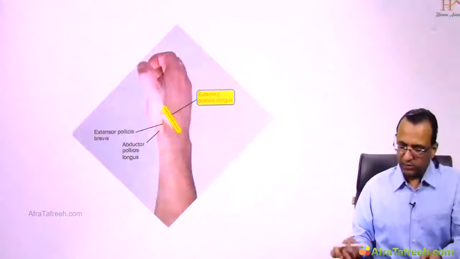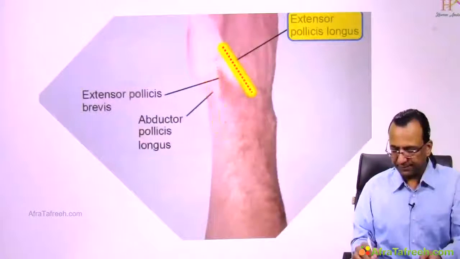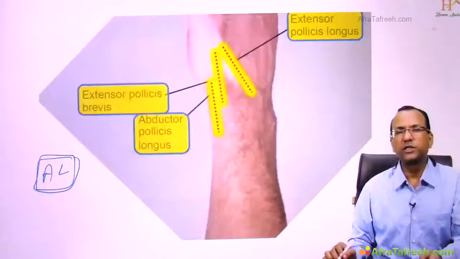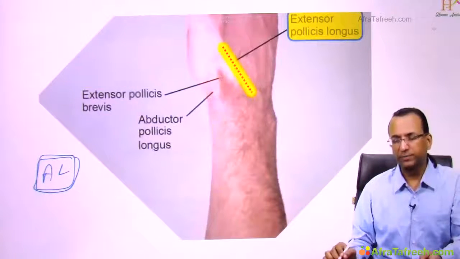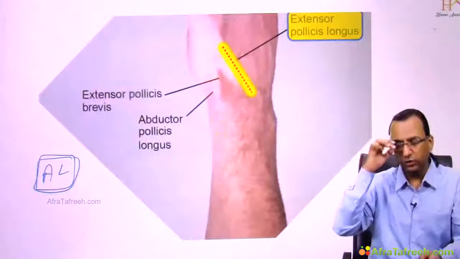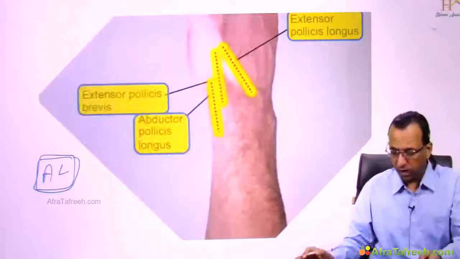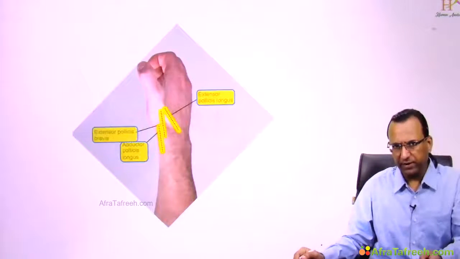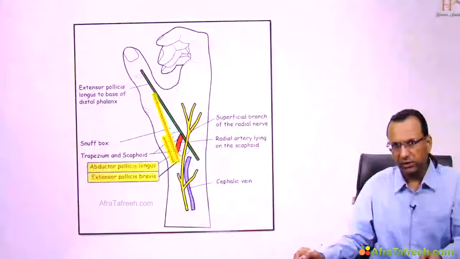If somebody asks you the anterolateral boundary of the anatomical snuffbox, what will you answer? First, you should answer extensor pollicis brevis, and then abductor pollicis longus. Both are anterolateral boundary, of course, but preferentially you have to answer extensor pollicis brevis as the actual boundary, and abductor is the additional boundary.